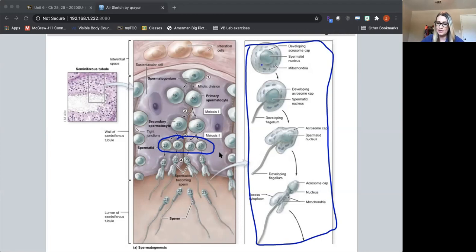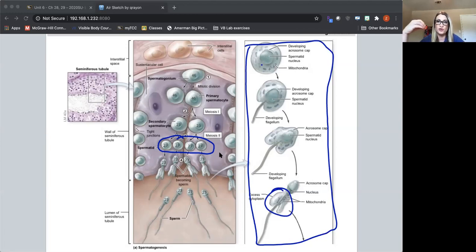And then the mitochondria that are in the cytoplasm, because these spermatids are going to have a lot of mitochondria, will then migrate into this area right here, and that is the forming midpiece. So the final appearance of the sperm is you have three major parts. You have the head, midpiece, and tail.